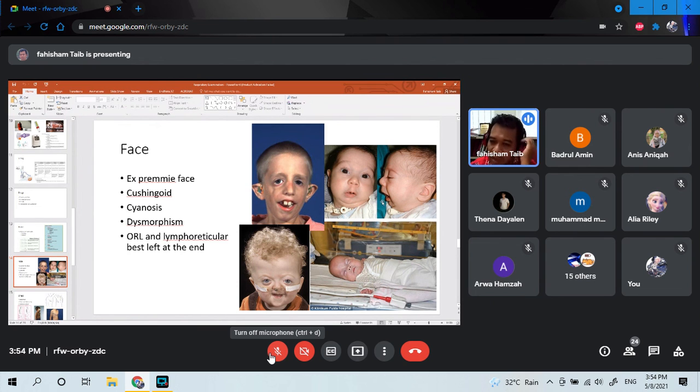And this is a child with maybe Pierre Robin sequence, where the jaw is a little bit small and the child might end up with some airway issue as a result of a big tongue. Similarly other conditions may be related to the facial bones, and that may restrict the airway and breathing.